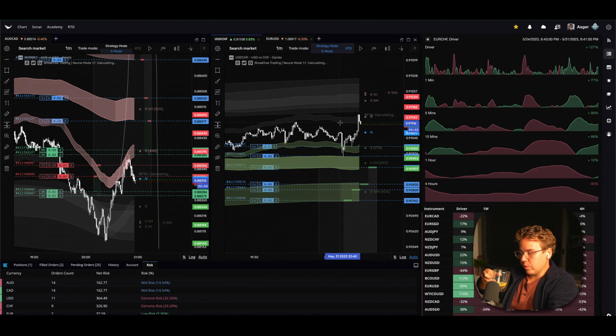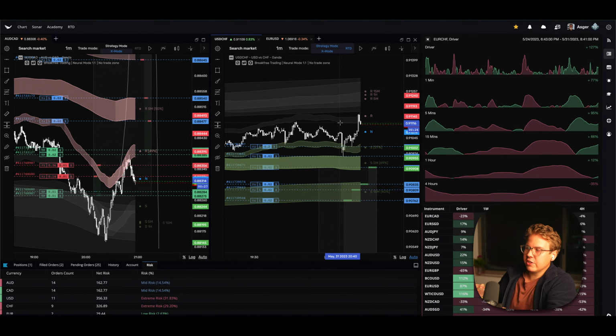So yeah, I will be releasing the backtest for Neural Mode. It's just that it takes a lot of time to code a complete backtesting framework for Neural Mode. And we're busy, guys. There are so many other things to do. But I think it's very important.